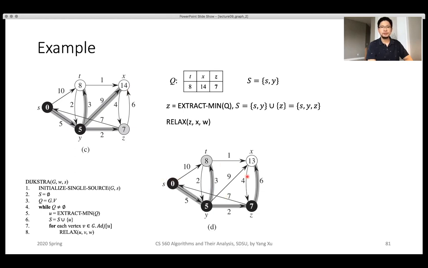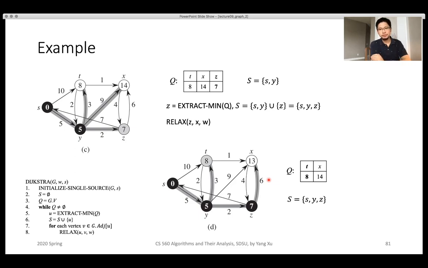But as a result, only X will be updated, because its original D value is greater than the D of Z plus 6. So the new predecessor relationship will be set for X: its predecessor will be Z now instead of Y. The remaining Q is T and X.